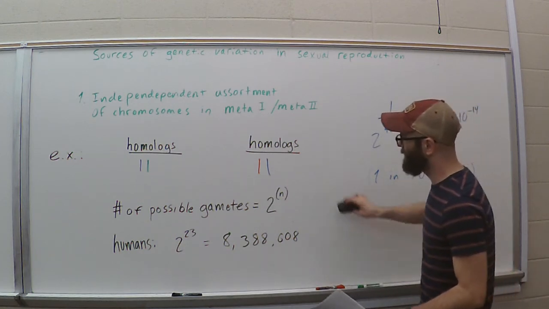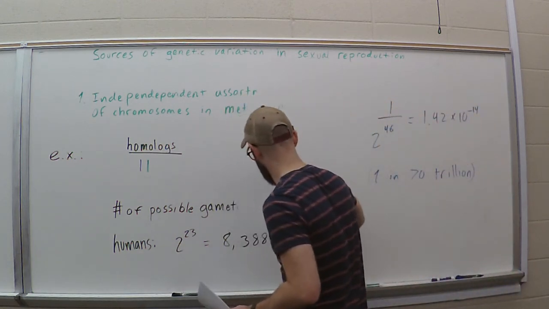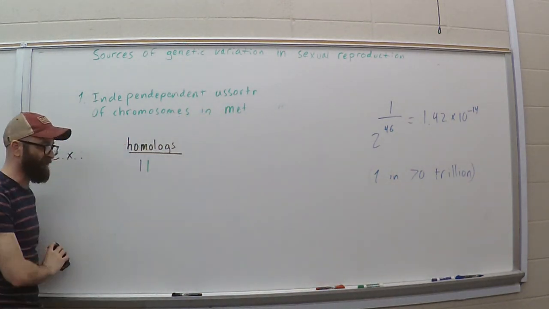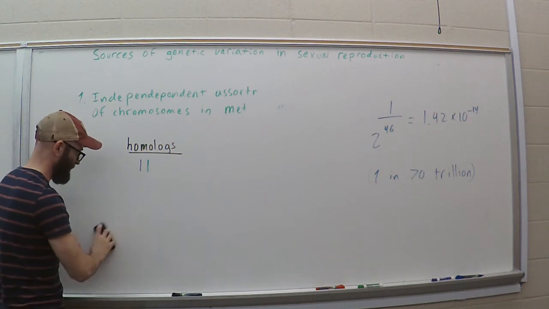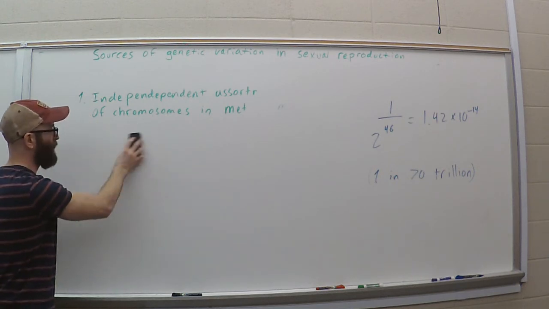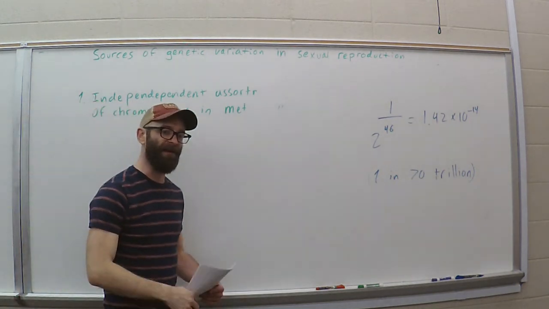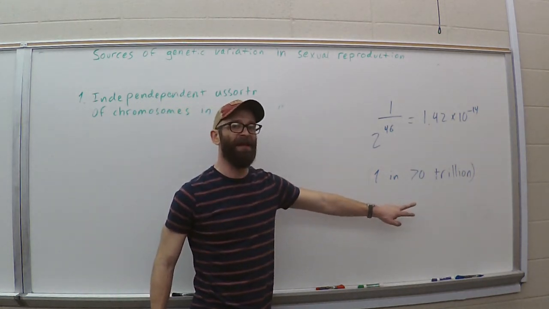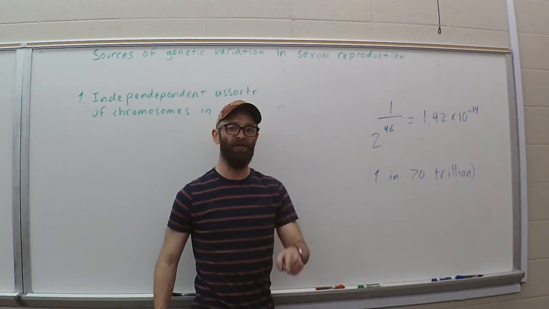But that individual would still not be identical to you, right? Let's say you're an only child and your parents decide to have another kid. That sibling of yours has a 1 in 70 trillion chance of getting the same combination of chromosomes that you got.